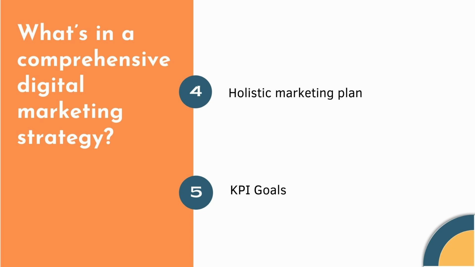Now we get to the meat and potatoes of it. All of this information that you've gathered, all of these insights that you've taken the time to etch out and understand about your brand, about your competition, about your market, all go together and help you formulate a holistic marketing plan.